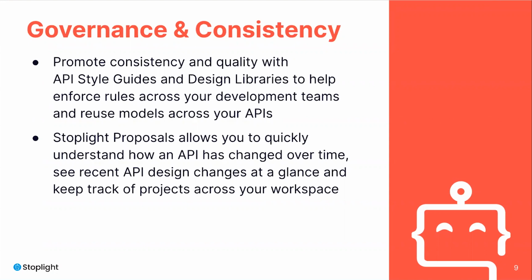And you can utilize Stoplight's public style guides to leverage sets of curated API design rules from top companies around security and design themes. And using the proposals feature, you can see recent API design changes at a glance and keep track of changes across your Git connected projects.